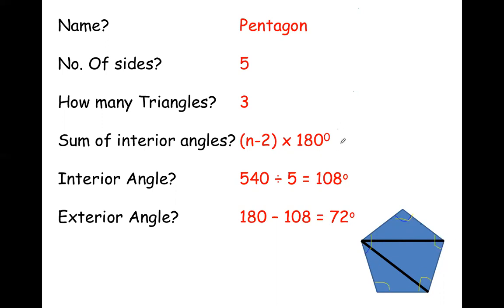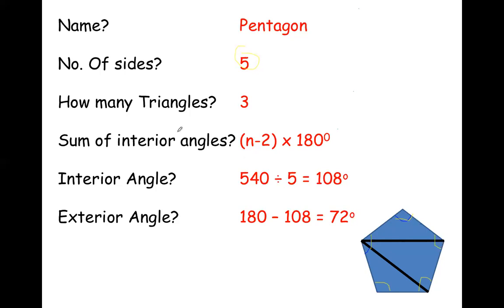Okay. Why 540? Because I use this formula. N is 5. 5 minus 2, 3. 3 times 180 is 540. Do you understand that part, Zarif? Yes, Miss Shaina. Okay. So interior angle means each of it. So why do I divide by 5? Because I got 5 angles, and each angle is the same size, because this is a regular polygon.